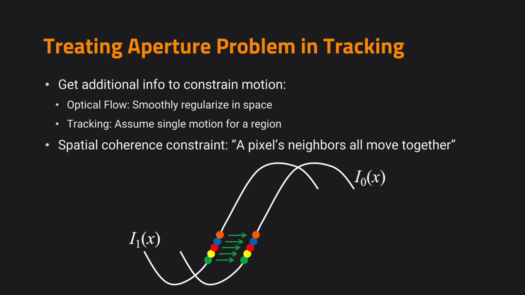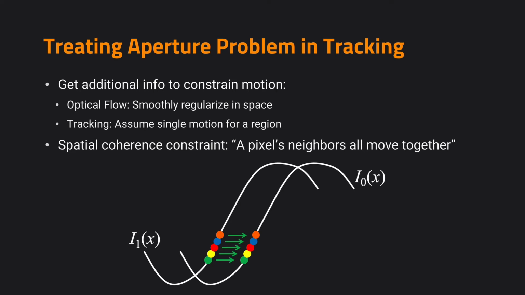And in tracking, we can treat the actual problem in the same way. We can get additional information to constrain the motion. So in optical flow, we assume that everything moves smoothly in space, and in tracking, we can assume that for a small region, they all undergo a single motion.